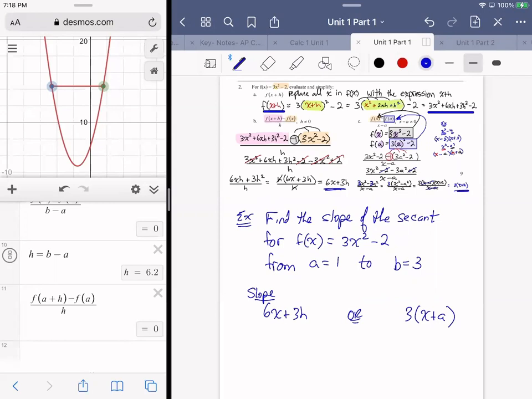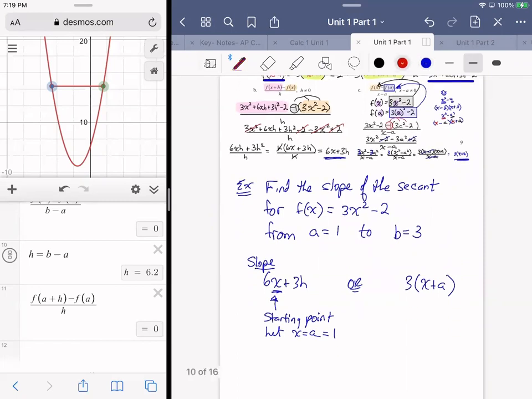In this case, this is our starting point. So we would let x equal the a value, which in this case is equal to 1. H is always the difference between a and b. So 3 minus 1 would be 2.